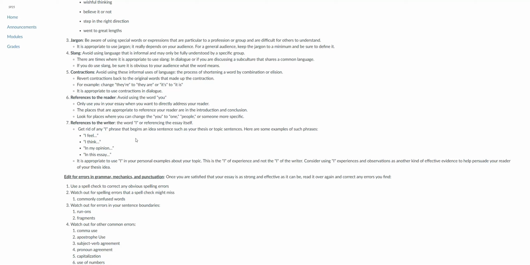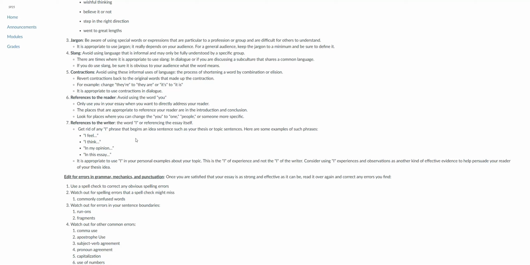So we want to avoid introductory phrases like I feel or I think or in my opinion or in this essay I'm going to be talking about this. So you should try to avoid unnecessary shifts from the topic to you as the writer or to your paper. You should not be referencing your paper. You don't want to reference the assignment, for example, as well. And again, you don't want to unnecessarily shift to the I when it's not needed.